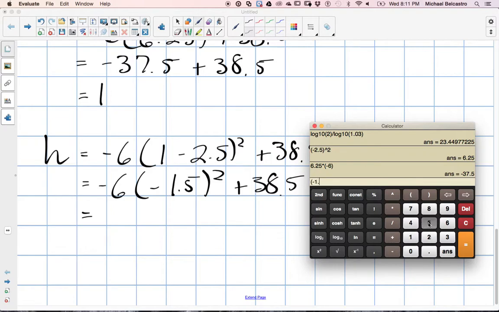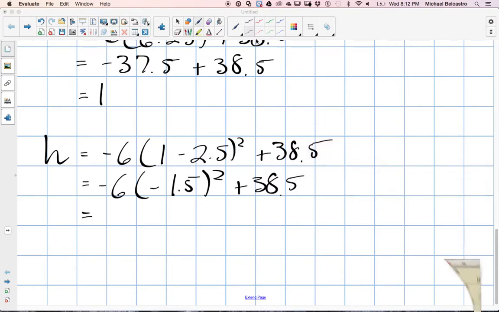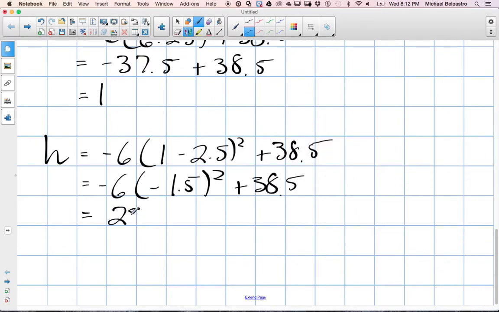Negative 1.5 squared is 2.25, and if I multiply that by negative 6, I get that value, and then it's that value plus 38.5, so I'm doing it all together. And we get 25. So after 1 second, the height of the ball, 5's are always iffy, is 25.